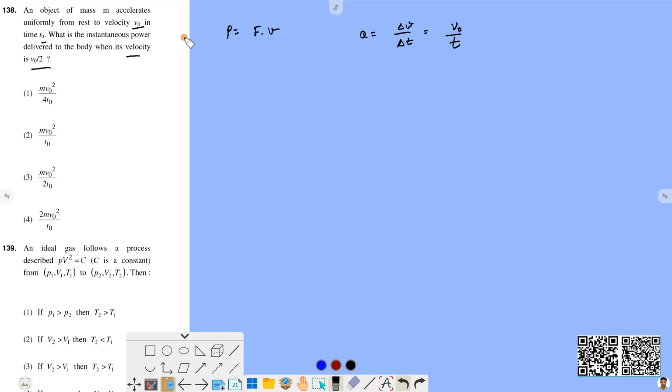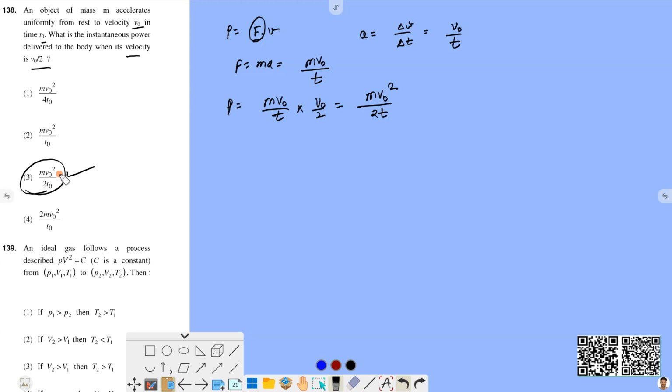Now as mentioned here, we have to find out power when velocity is v naught by 2. So for that we need force, and force is equal to mass times acceleration. Acceleration is v naught by t, so this becomes mv naught by t. And now power becomes mv naught by t into v naught by 2, and that is mv naught square by 2t. So that is option 3 for us.